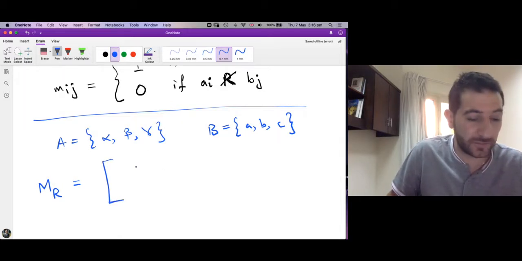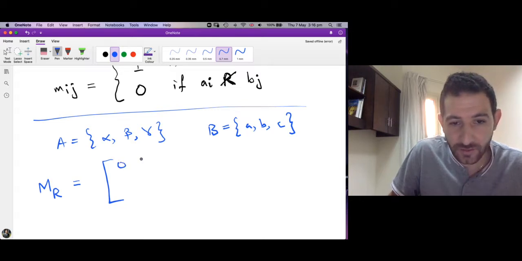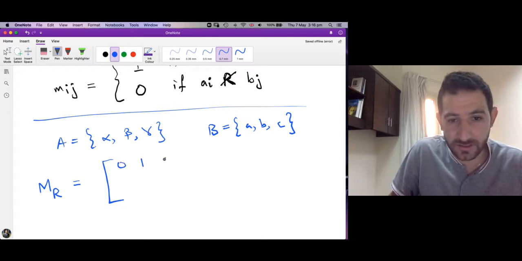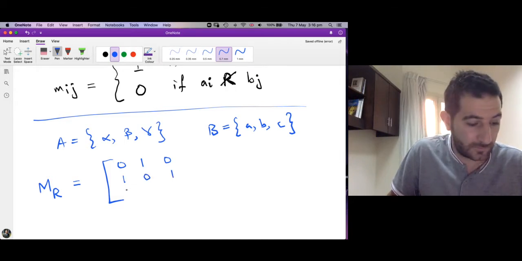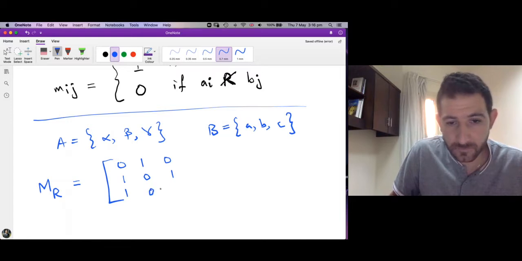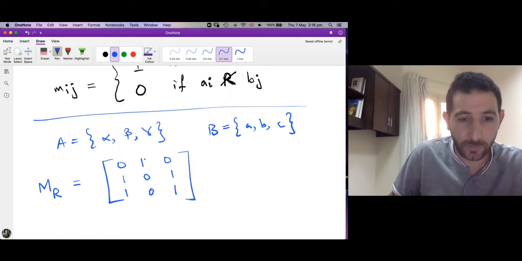It should be a square matrix, and the matrix you are given is 0, 1, 0, 1, 0, 1, and 1, 0, 1.